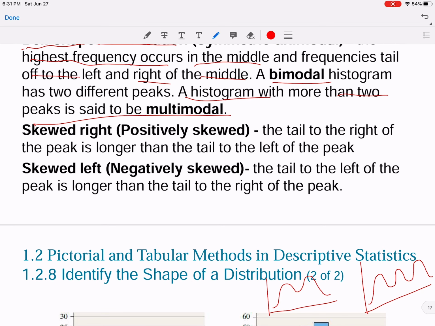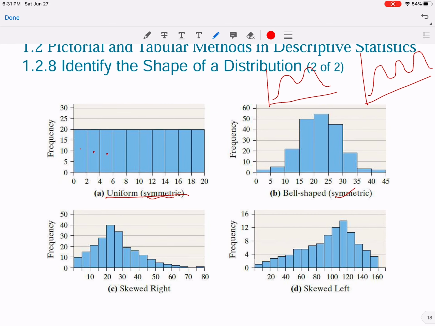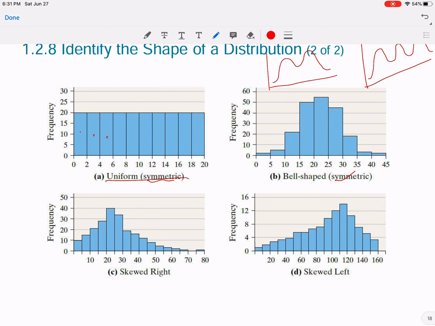Right. The third one is called skewed right, and it's also called positively skewed. And in this case, the tail to the right of the peak is longer than the tail to the left of the peak. Now we can tell from the graph, the tail to the right of the peak is longer than the tail to the left of the peak. So this case would be skewed right.